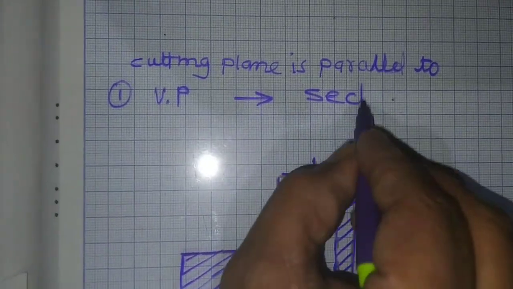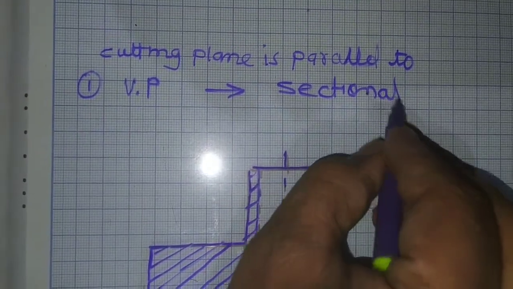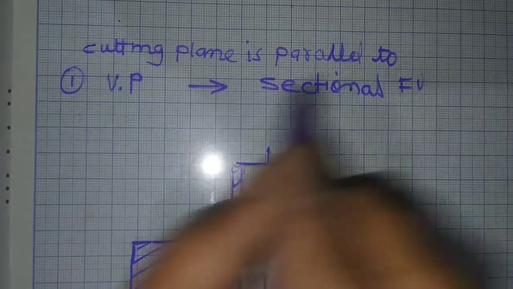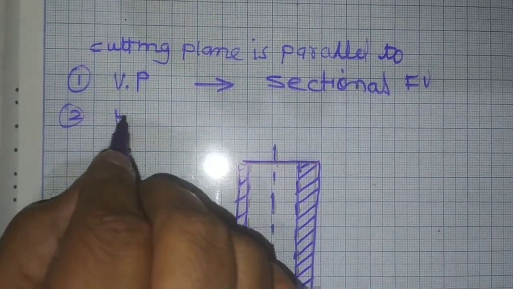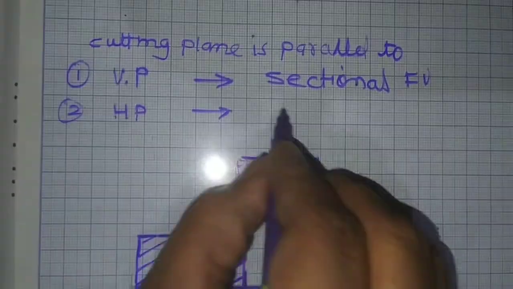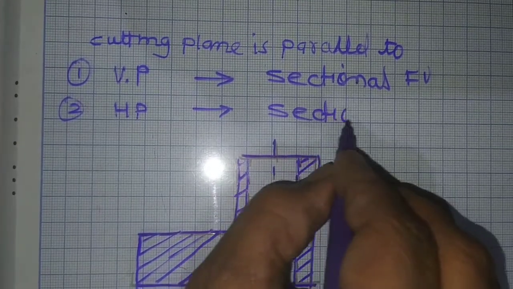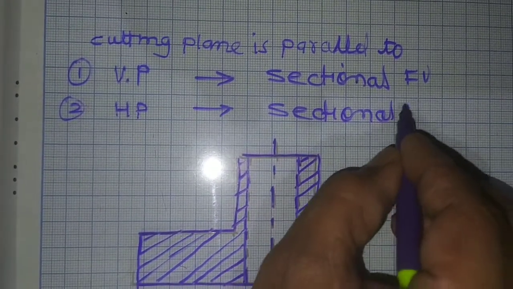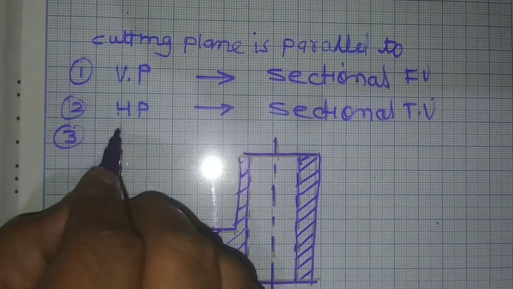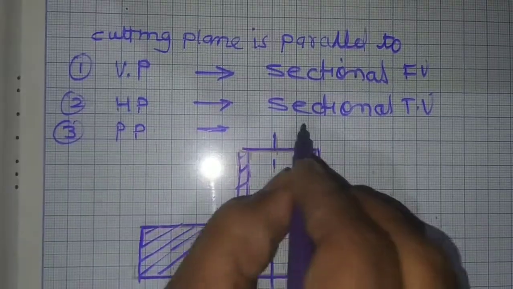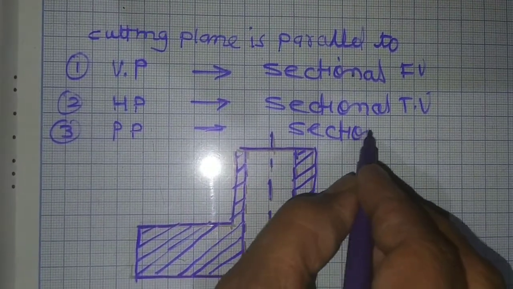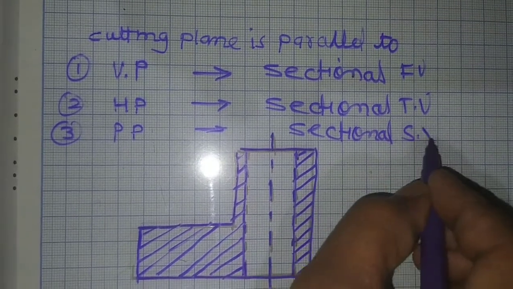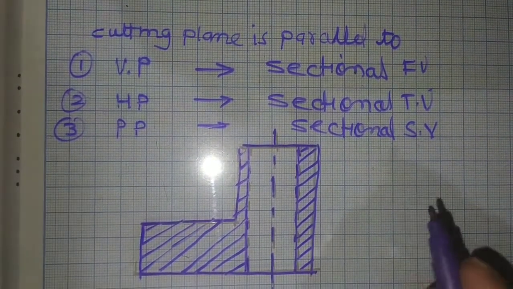Sectional front view. Second, HP, sectional top view. Third, PP, sectional side view. But it is imaginary.